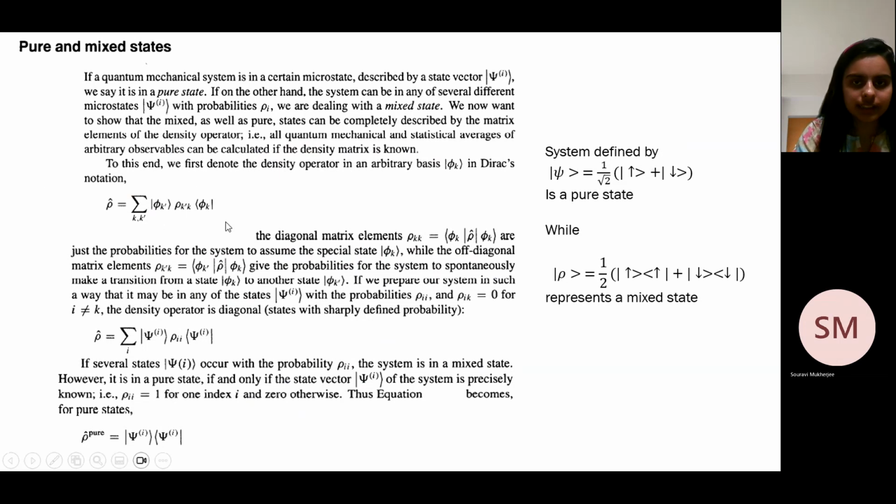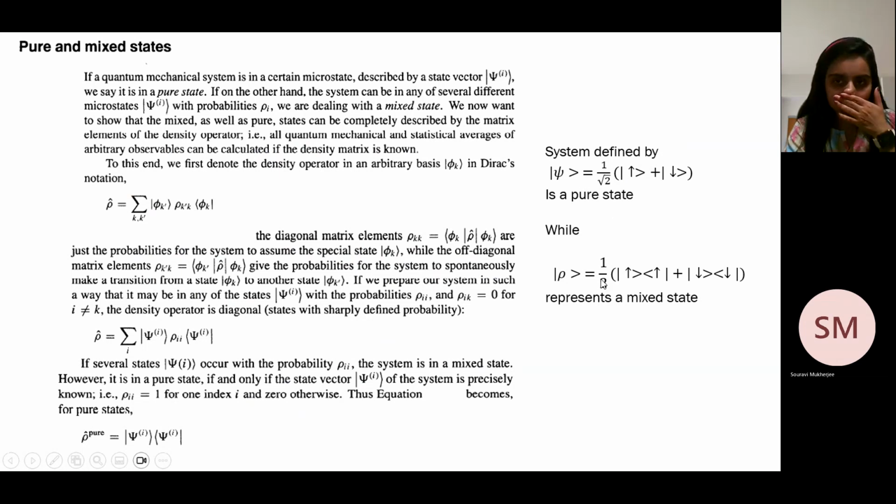In that case, this is how your density operator looks. So if your system is defined by some particular wave function psi, given by this description, where up and down are the different basis vectors, you have a particular state which defines your system, and then you are in a pure state.